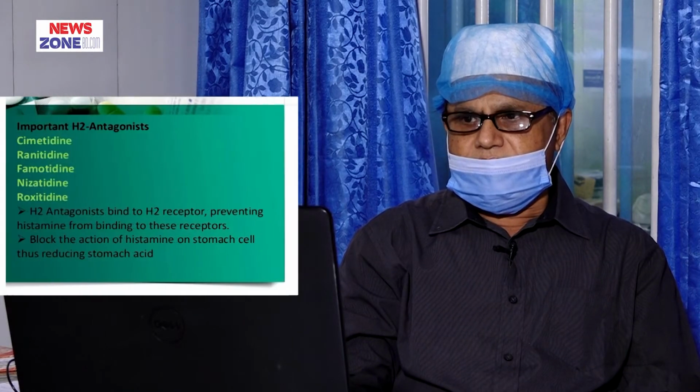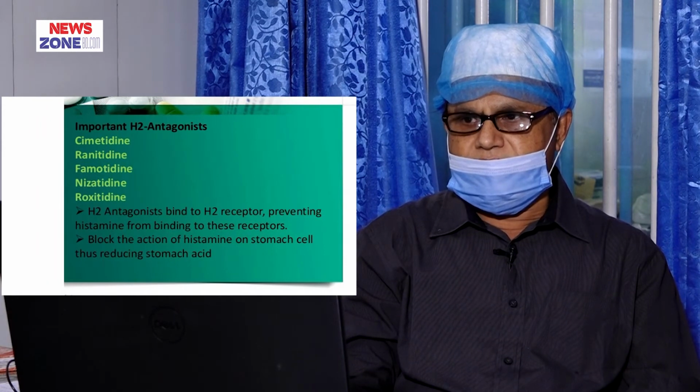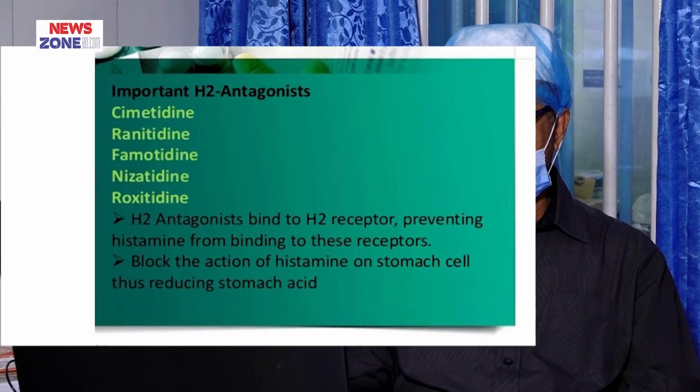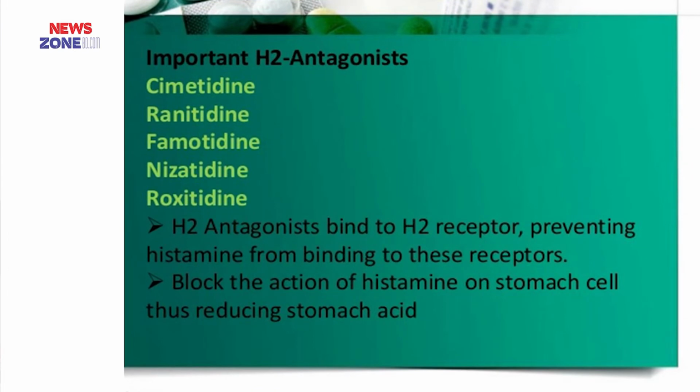Important H2 blockers, that is H2 antagonists: cimetidine, ranitidine, nizatidine, roxatidine. These are the H2 blockers. H2 blockers bind to the histamine 2 receptor. Dear student, of the histamine receptors, histamine 1 and histamine 2 are clinically important.